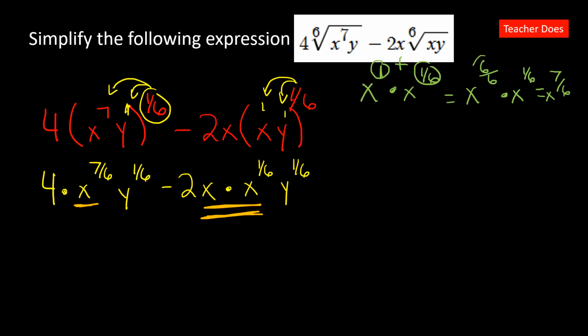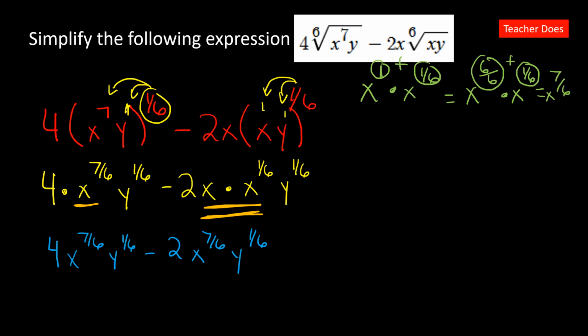Right. Now this should start making a little bit more sense. So what happens here is I can actually rewrite this to 4x to the 7 over 6, y to the 1/6, minus 2x to the 7 over 6, y to the 1/6.